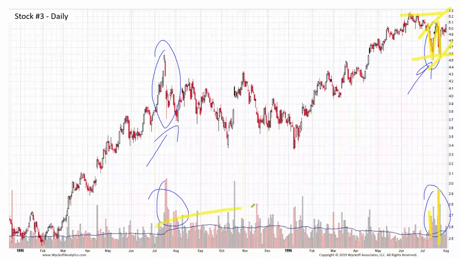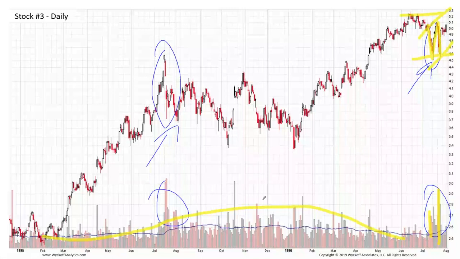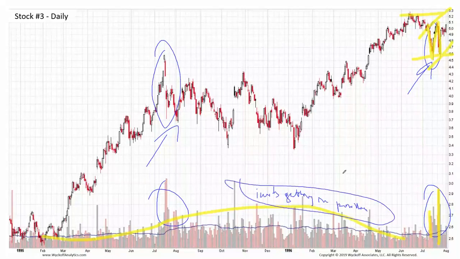Also, in the middle of the chart, look at the bell curve that we see here. That also tells us that institutions were getting into this position heavily, and they added to this position here as well.